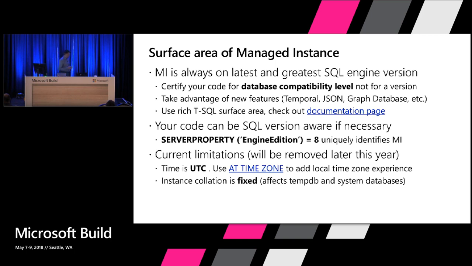But that is coming. In the meantime, if you're starting development with managed instance, you can use the built-in AT TIME ZONE function to actually convert UTC to any time zone, and AT TIME ZONE honors the daylight saving changes and all of these things that are coming as part of the update that we roll out. So basically, when you start using a time zone, you just don't care anymore about that.